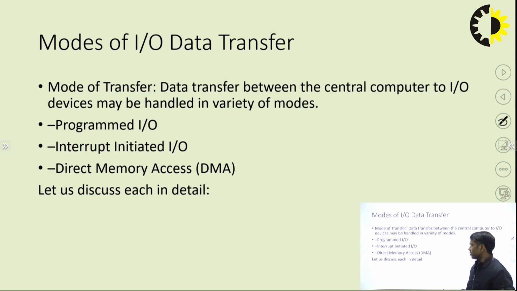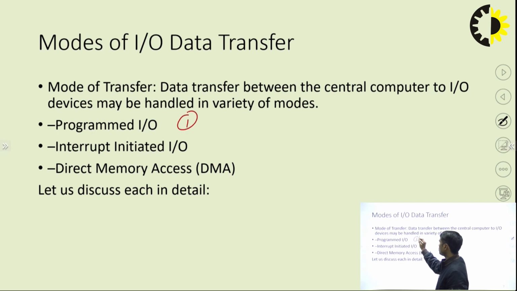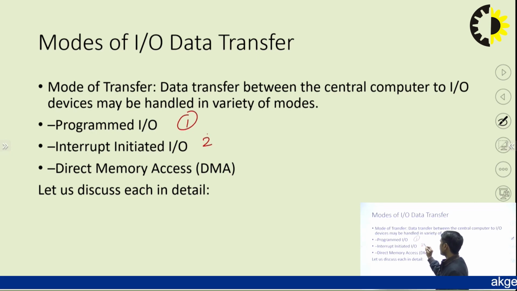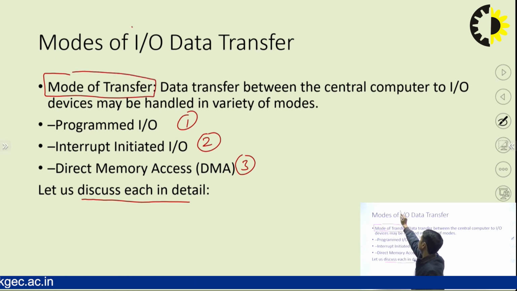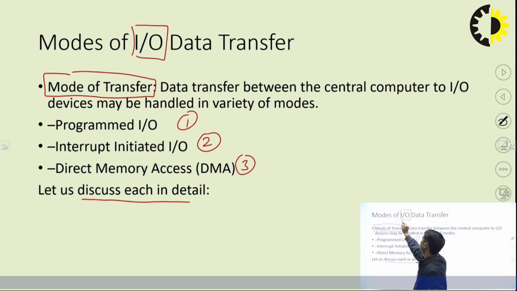As we have told, there are three ways: programmed I/O, interrupt driven I/O, and direct memory access based I/O. We will discuss them in detail in today's lecture, and these are called modes of transfer of data with the input output interface.